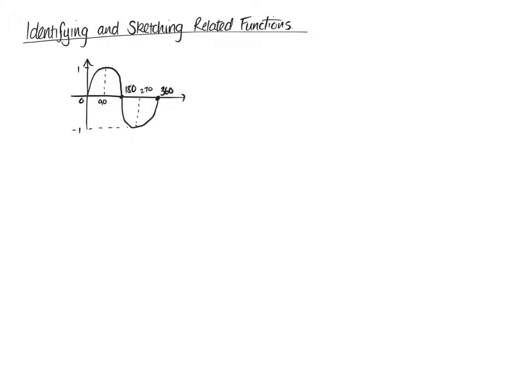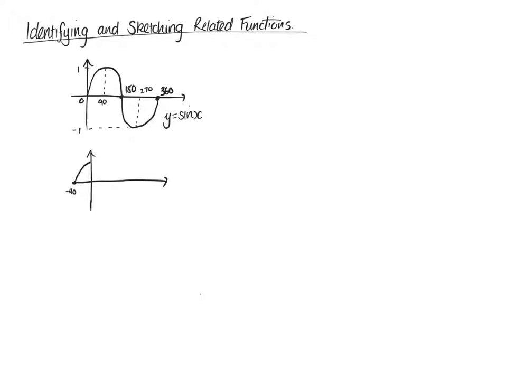So I've got the original sine graph there, and so that's still y equals sine x, and what we can do is our graph, what happens is we can move it either left or right. So here, instead of starting at 0, I'm going to start at, say, minus 90.